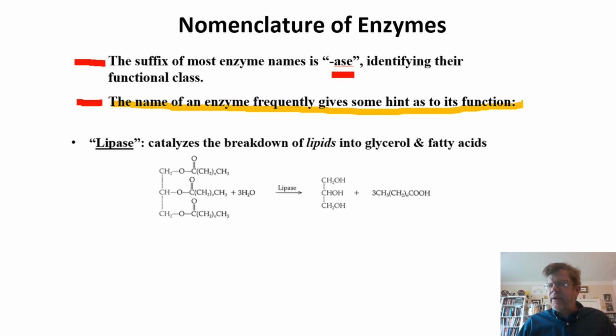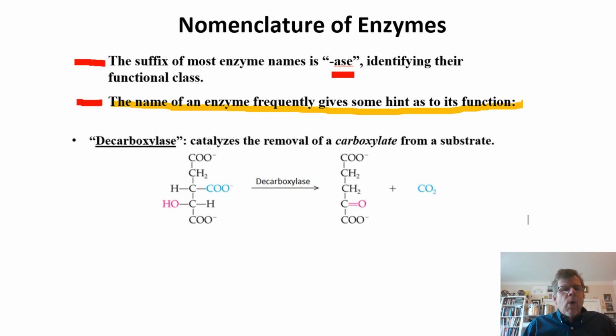Our last example here, the name speaks more towards the function of the enzyme as opposed to the actual substrate for it. So this enzyme right here, known as a decarboxylase enzyme, removes a carboxylic acid.